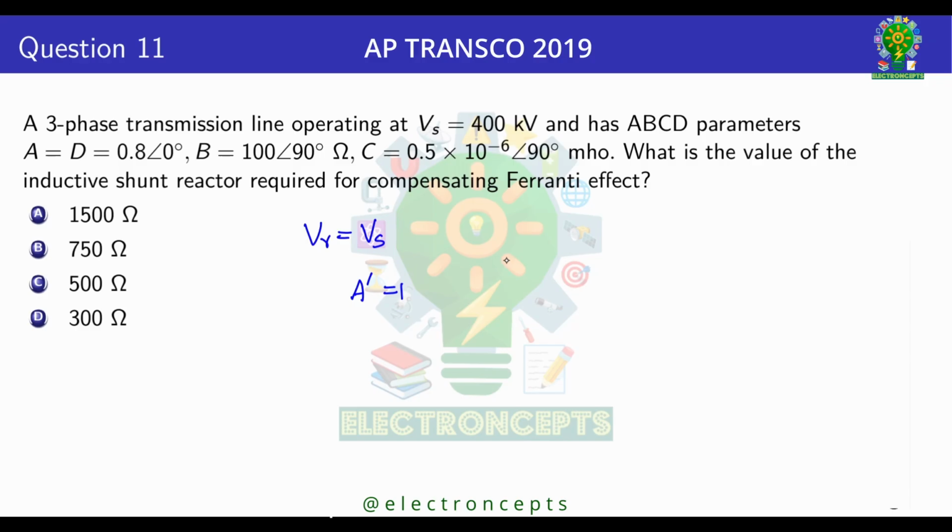The formula for A dash with a shunt reactor connected at the receiving end is A dash is equal to A plus B into shunt reactor admittance. From this, A dash is equal to 1, and from the given data, A is 0.8 at an angle 0 degrees plus B is 100 at an angle 90 degrees into shunt reactor admittance.